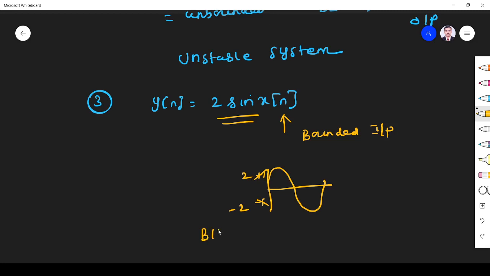So a bounded input produces a bounded output. So this is a stable system. Are you understanding the logic? It is discrete time, so we have to take samples and draw like this. Are you getting the point?